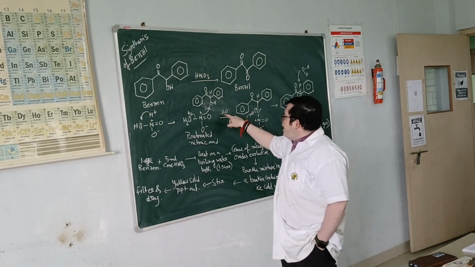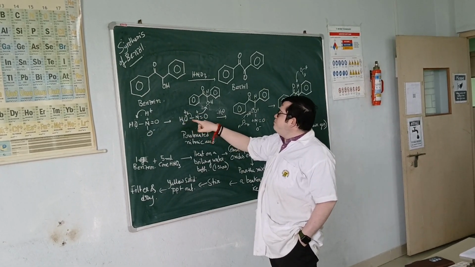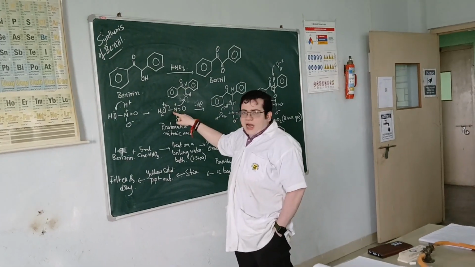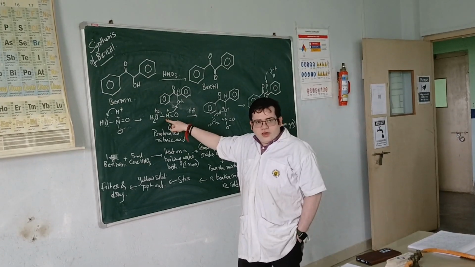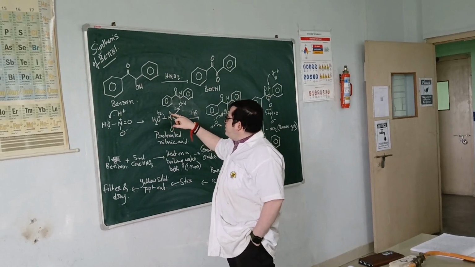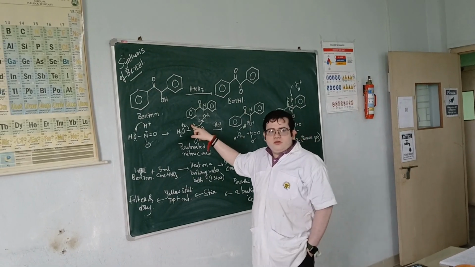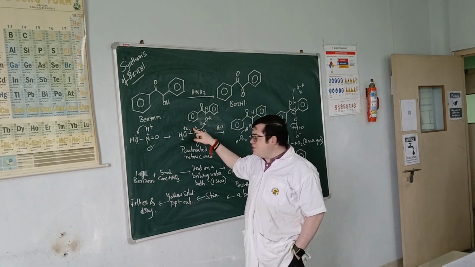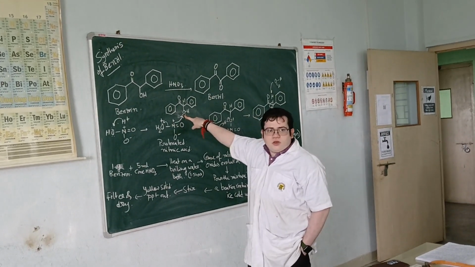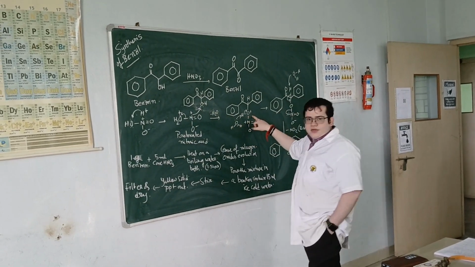And as one molecule of water is being removed, there will be less charge density. Now, on the nitrogen atom, you can see that one positive charge is there, and also charge density is decreasing. So it is attacking the lone pair of electrons of this oxygen atom, and it is forming one intermediate.